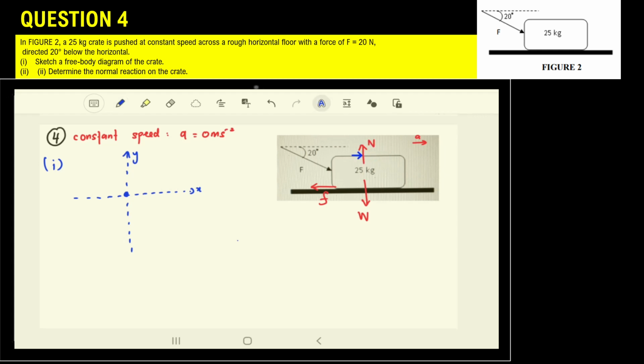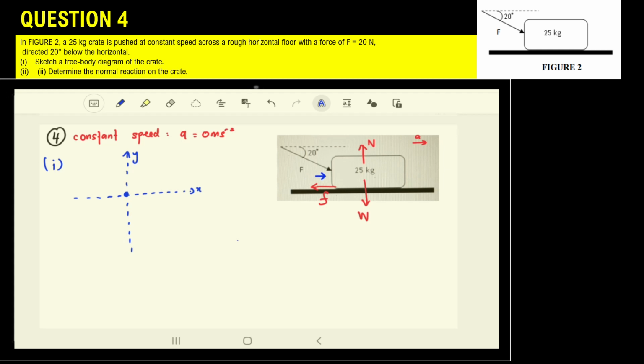We have normal, weight, frictional force and the external or applied force at an angle of 20 degrees below the horizontal. We need to transfer these arrows so that the tail of the arrow is at this point, on the dot.